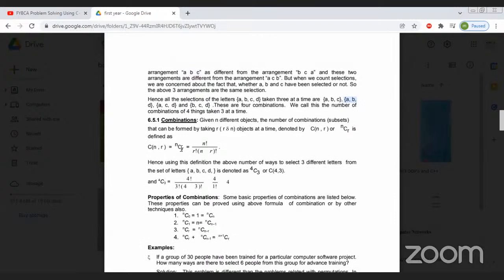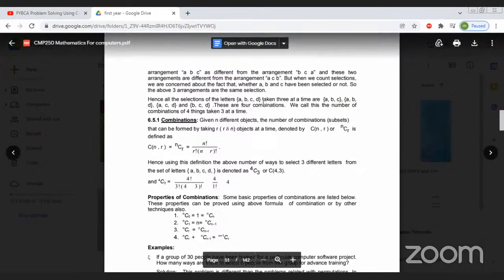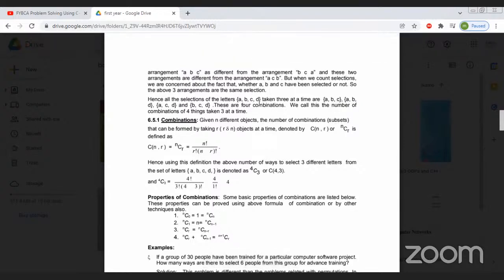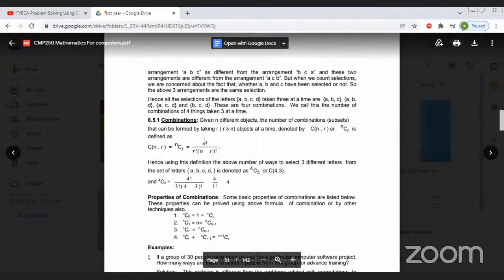Now here you need to select. Directly they have given you the formula. N objects are given, R objects need to be found. So the formula is nCr equals n factorial upon r factorial and n minus r factorial. Now how will you do? 4 select 3.